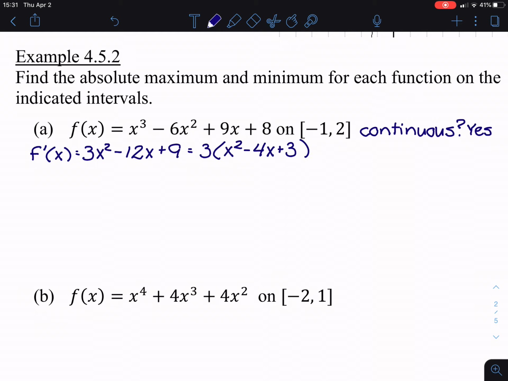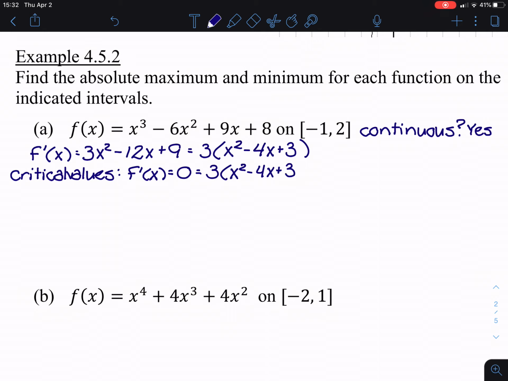All right, so to find my critical values, remember, I need to set the derivative equal to 0. So this is going to be 3 times x squared minus 4x plus 3.